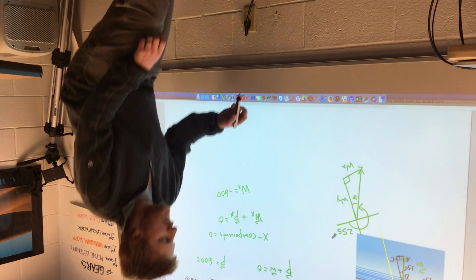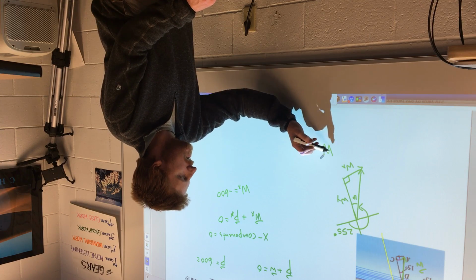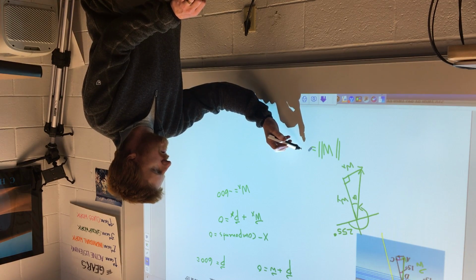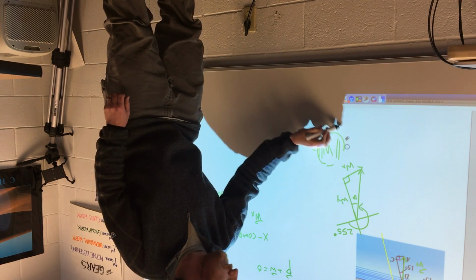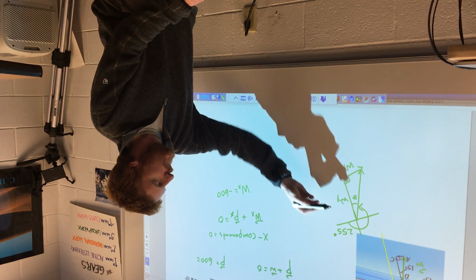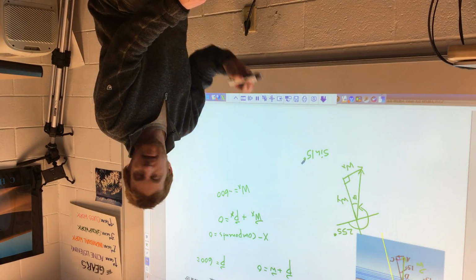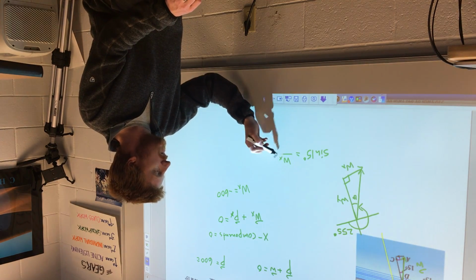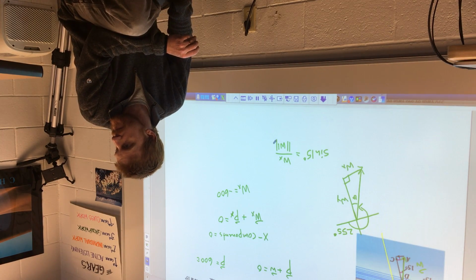What we can say is that the sine of 15 degrees, using this triangle, equals the x component of the weight over the length of the weight. Does that make sense?